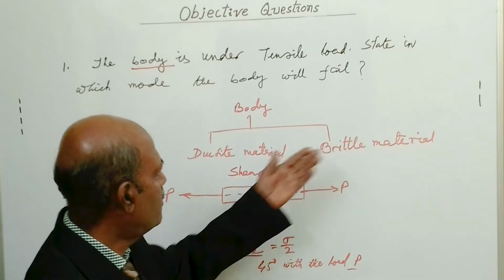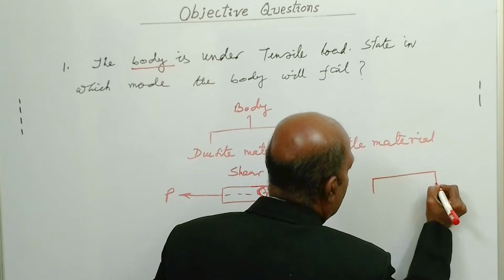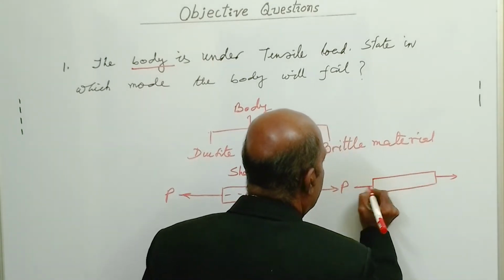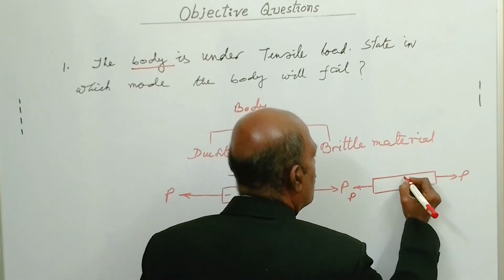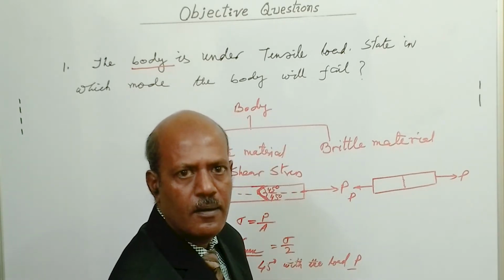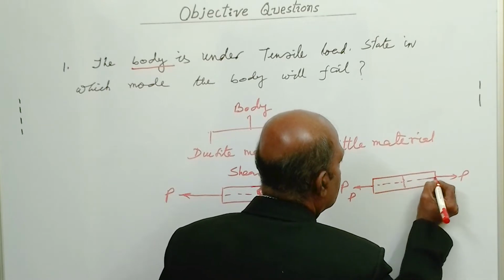But in case of brittle body, if the tensile load is applied, then there is very less deformation or no deformation at all. So the body will fail along this line perpendicular to this axis.